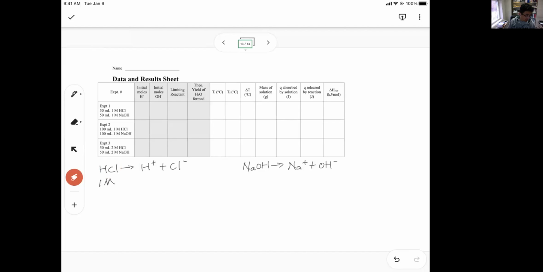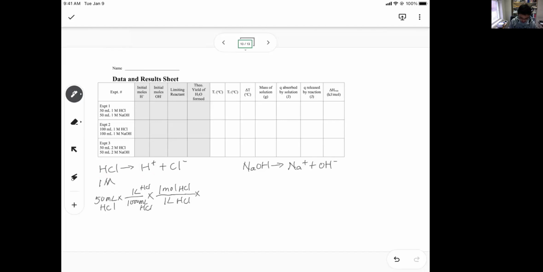If you want to treat this as a stoichiometry calculation, you can do it. Essentially that's going to be 50 ml, converted to liters, of hydrochloric acid, and then the molar concentration, 1 mole per 1 liter. The molar ratio between the two is 1 to 1.